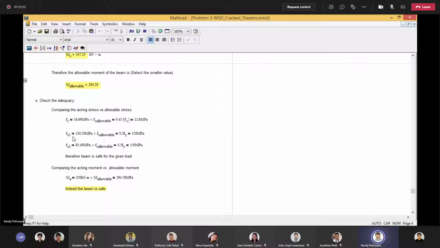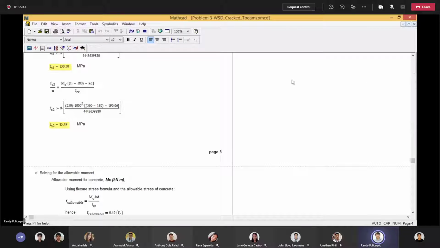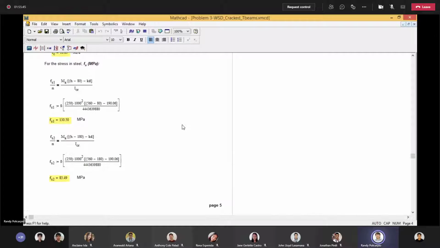Yung FS1 natin, ito yung first layer, no? Yung FS2, ito yung pangalawang layer, no? Okay. So, eto, no? Ito yung unang layer, ito yung pangalawang layer, ha? So, yun yung pagkakakuha natin, no?